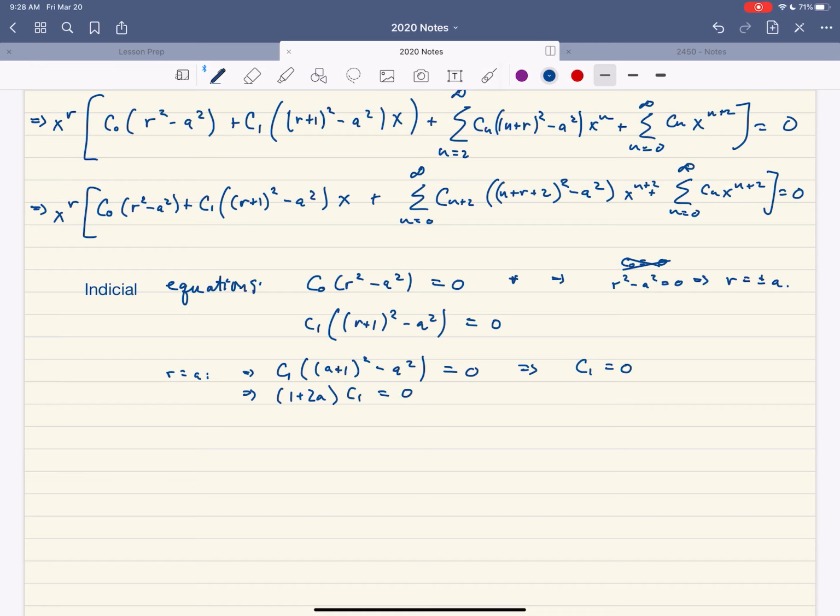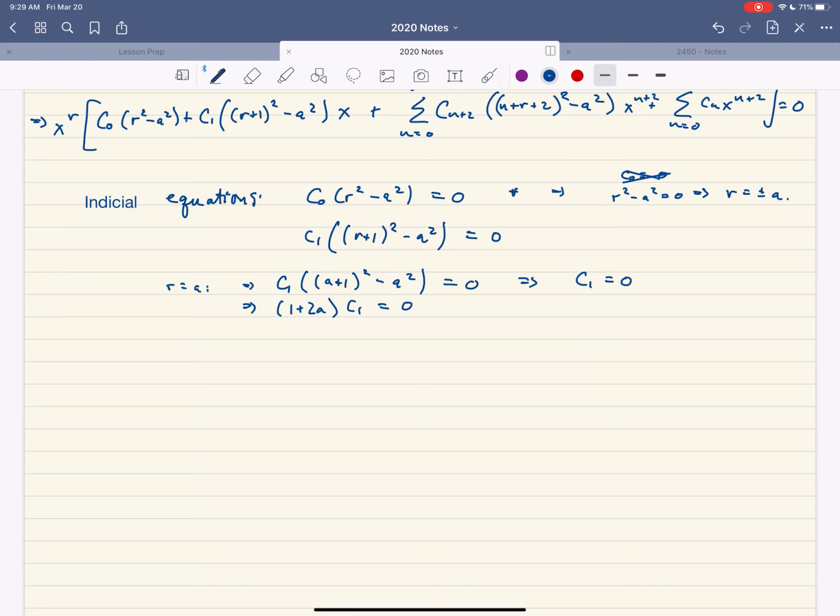A can be whatever we want. I want to point this out, you do actually get something special and something nice if a is negative 1/2 or positive 1/2, you get nice values for these Bessel functions.